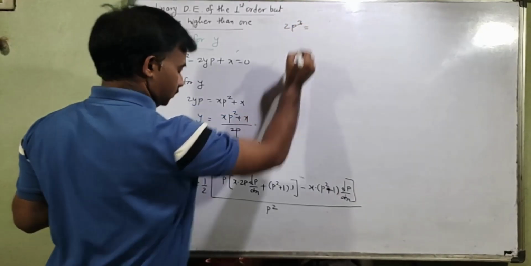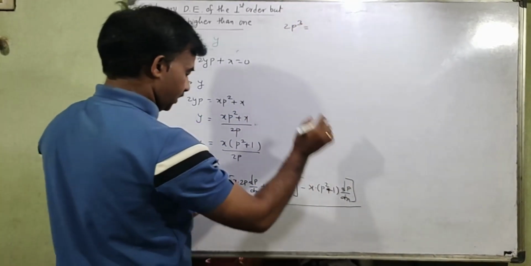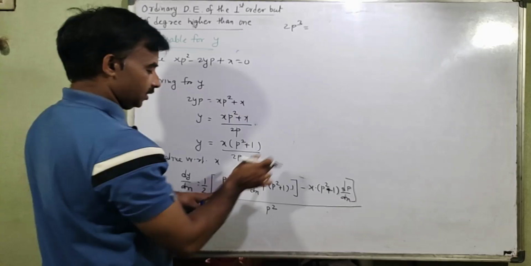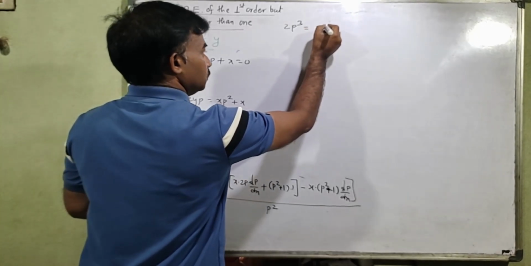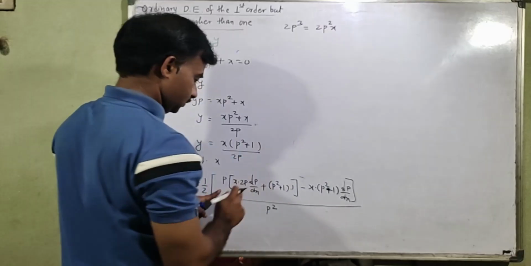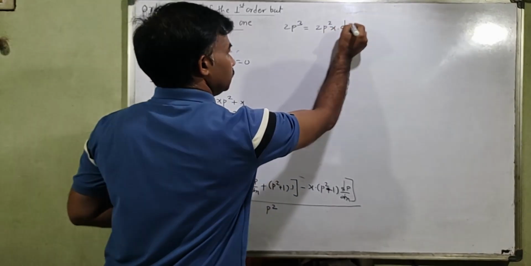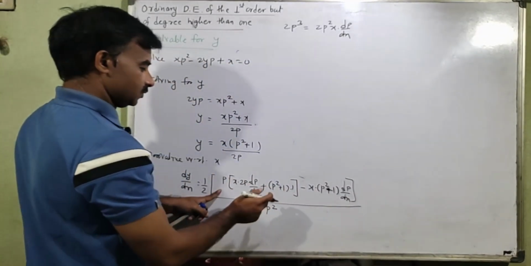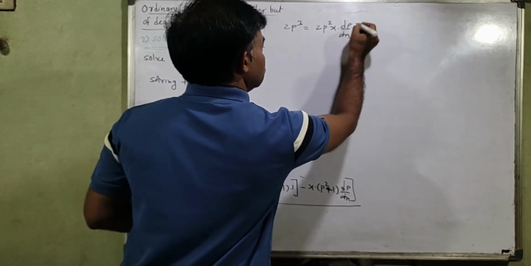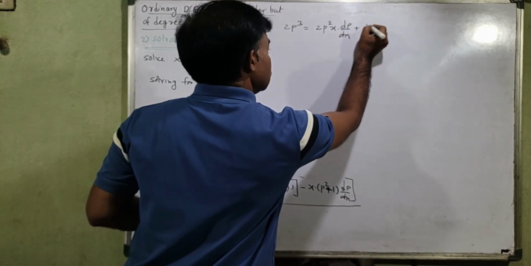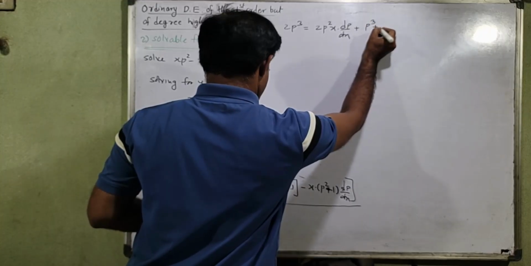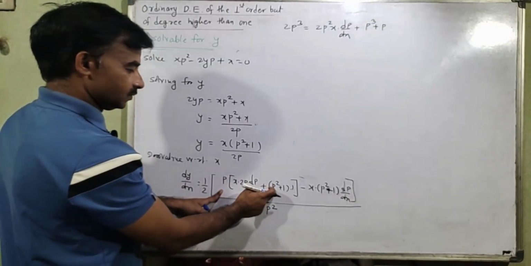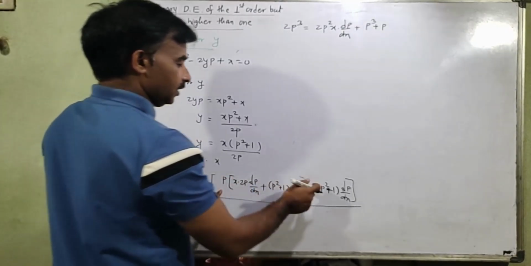is equal to the remaining term as it is. Just multiply this p inside the bracket and you will get 2p square x into dp by dx. Then multiply this p here, you will get plus p cube, plus p into this p square, that means p cube, plus p.